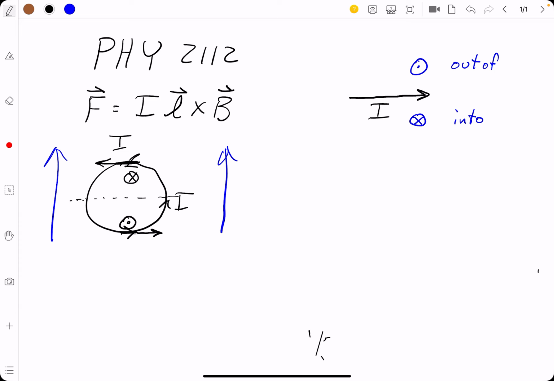Well, it puts an axis right down the middle, and it wants to spin, and that means that there's some kind of a torque, okay? And the torque wants to spin this thing. So that's exactly what we're going to talk about next, is torque.